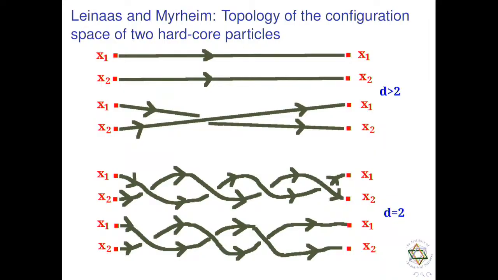So, in this paper they realized that in d equal to 2, two particles can be exchanged, but as they exchange, they can go around each other. So the exchange process is characterized by the number of times they move around each other.